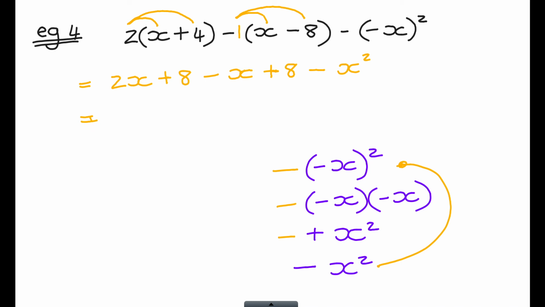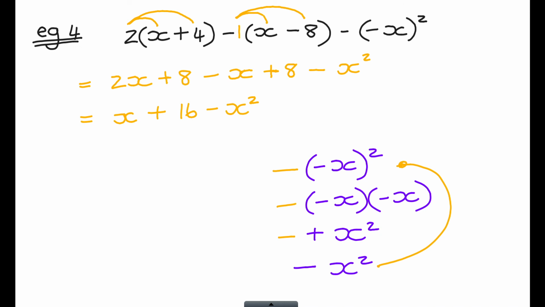Okay, then 8 plus 8 will give me 16. And then what was left? What haven't we used? Minus x squared. Okay. Any questions, people? That's the final answer, yes.